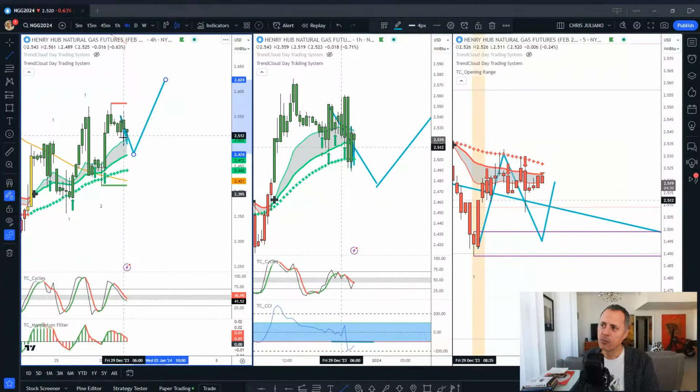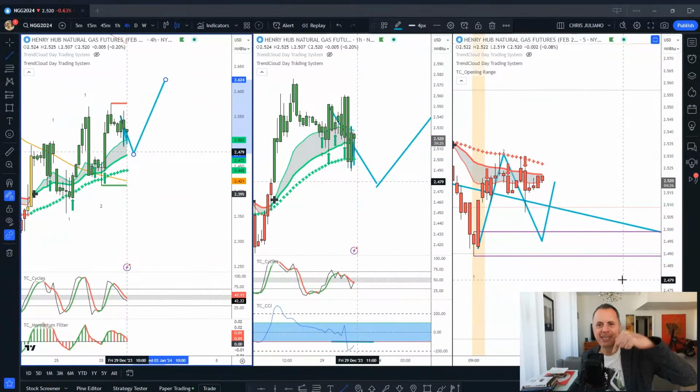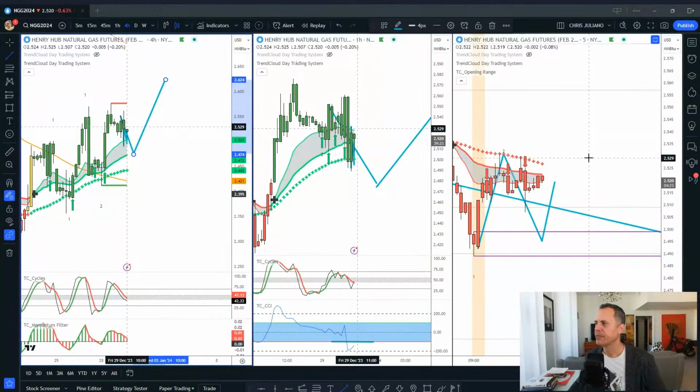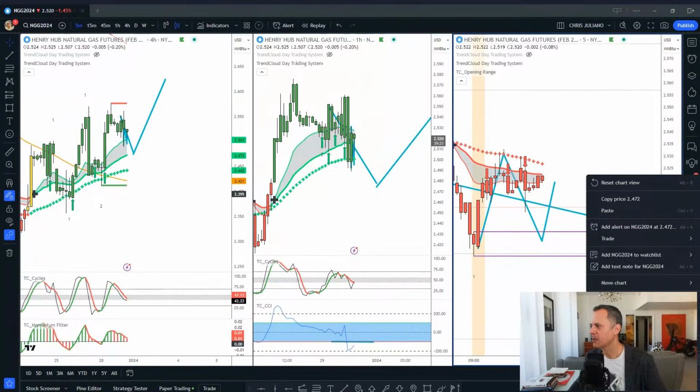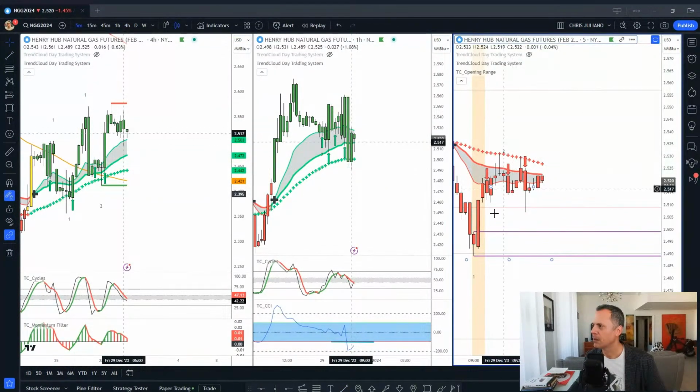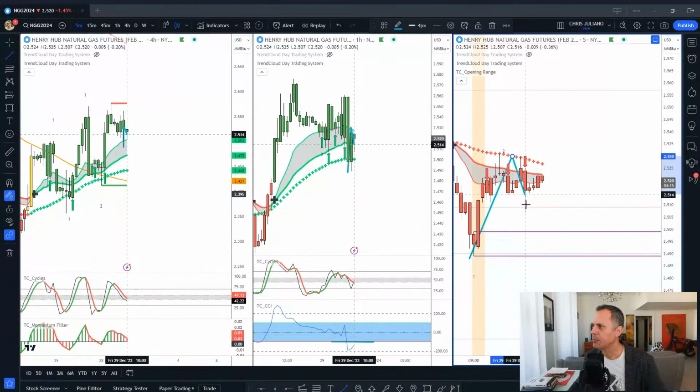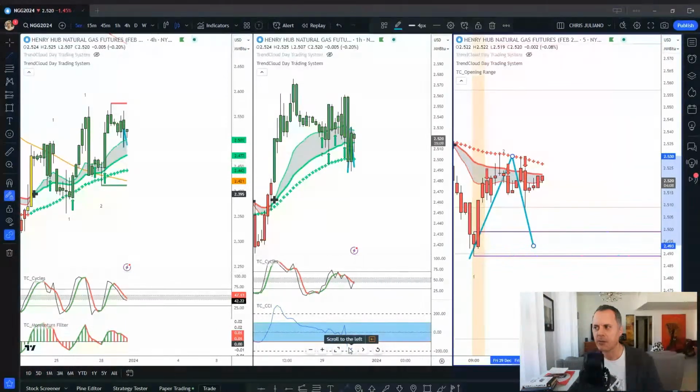So we're stuck in this right now. In this moment in time, this is what's going on. Breakout, pull back into the opening range to retest. Momentum is against you, guys. Momentum is against you on the 1 hour. Momentum is against you on the 4 hour.